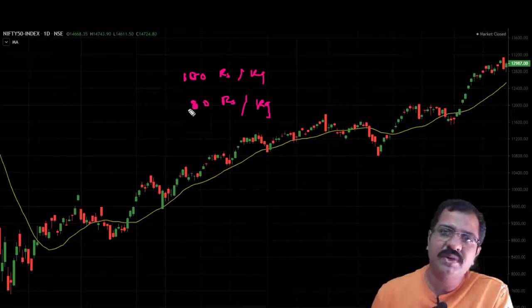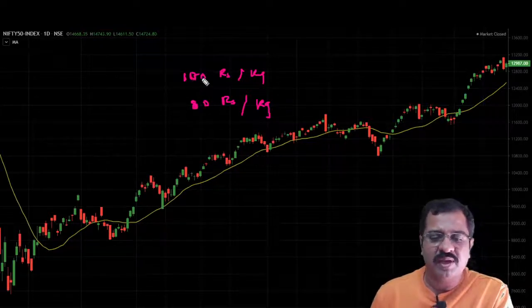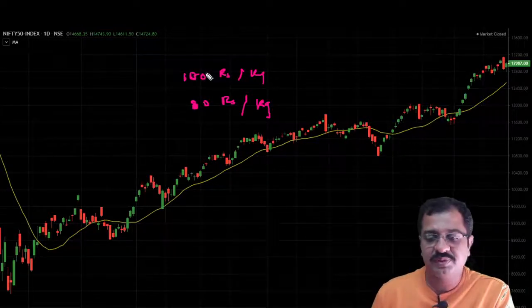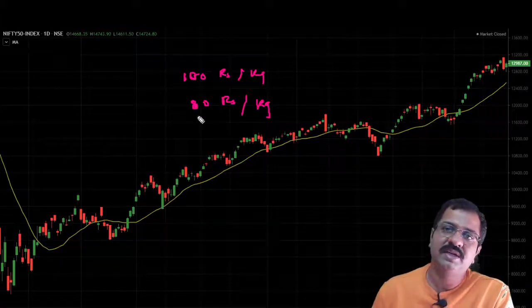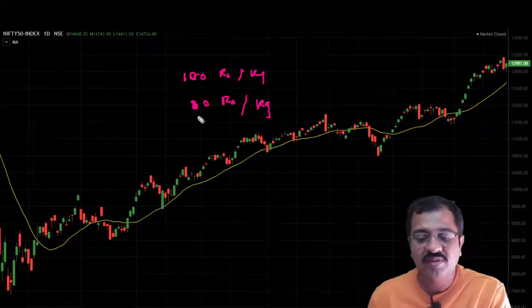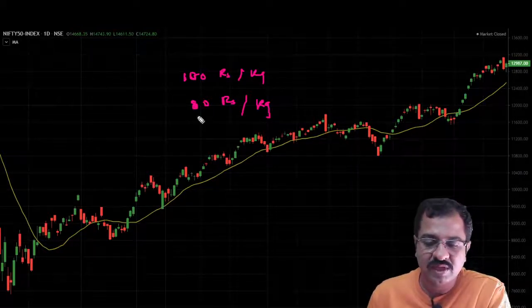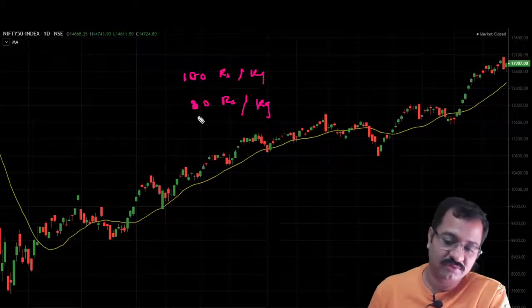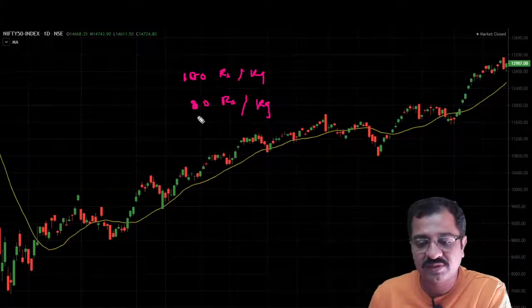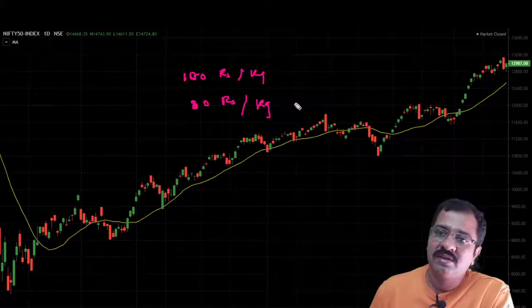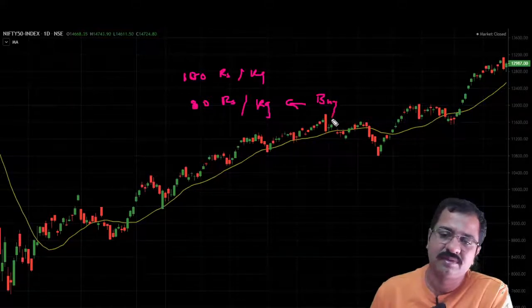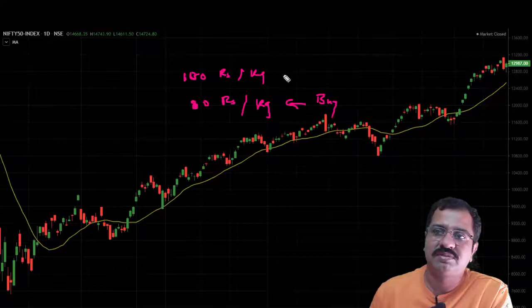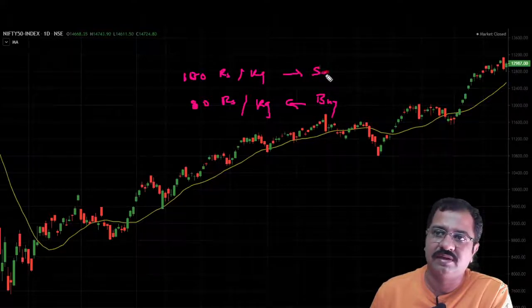So at one place, the rate of apples is 100 rupees per kg, and at the other place the rate of apples is 80 rupees per kg. Here what will you do? Here you have an opportunity to do business, right? What is that opportunity? You will go to this market and buy, and you will come to this market and sell.